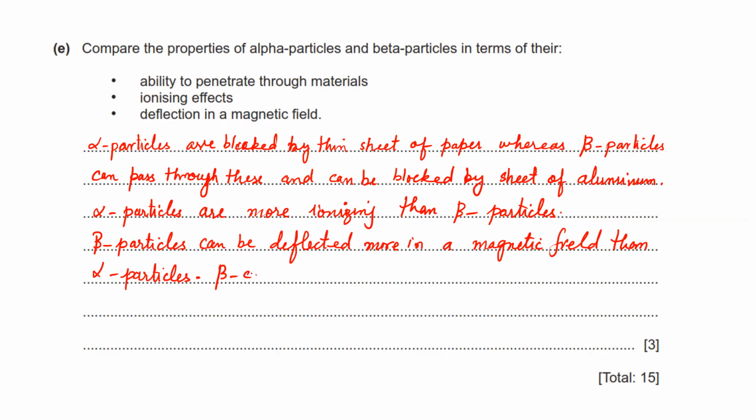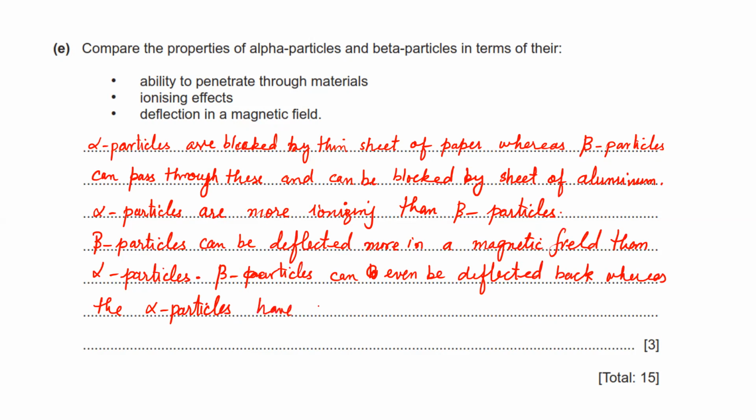Beta particles can even be deflected back, whereas the alpha particles have much less deflection.